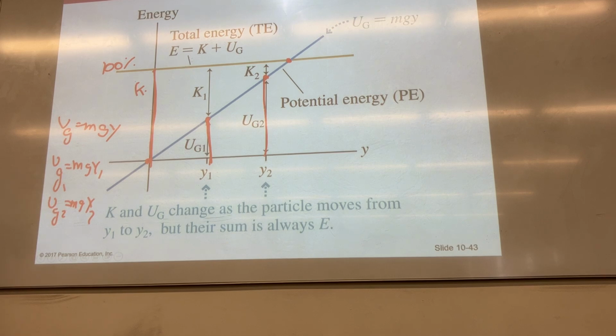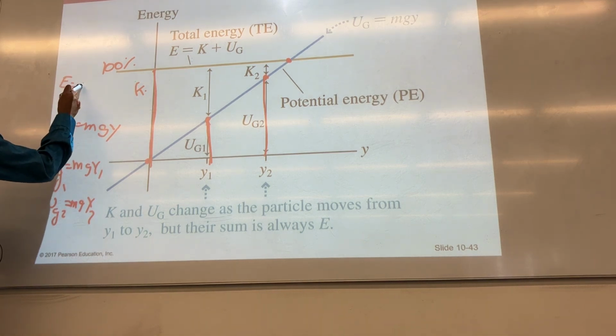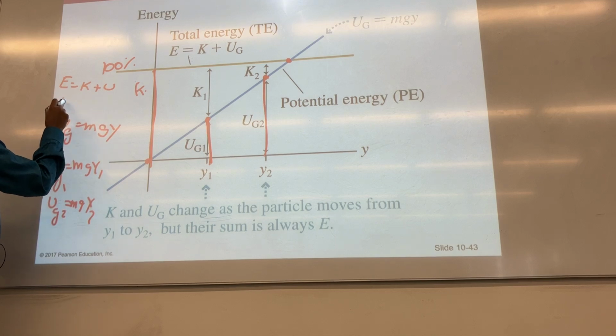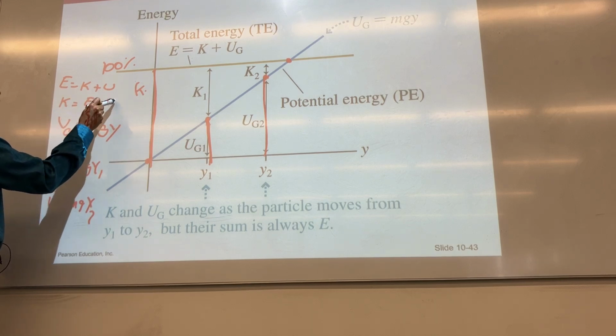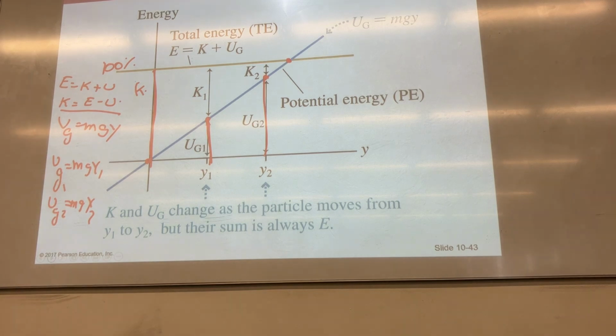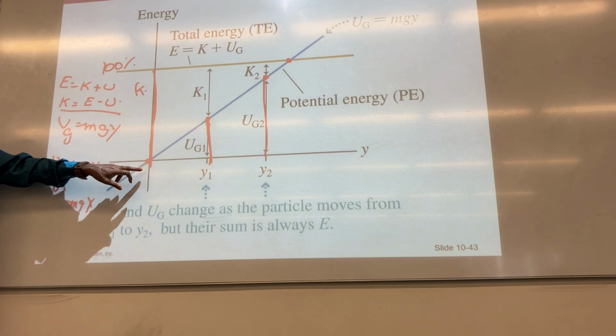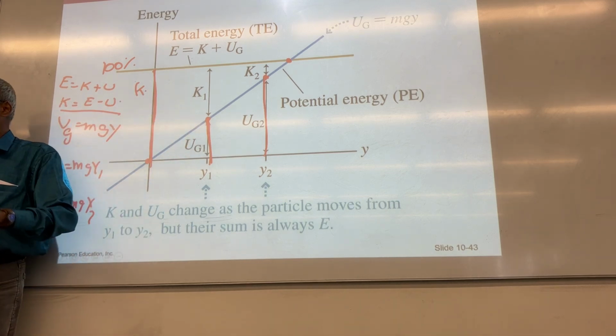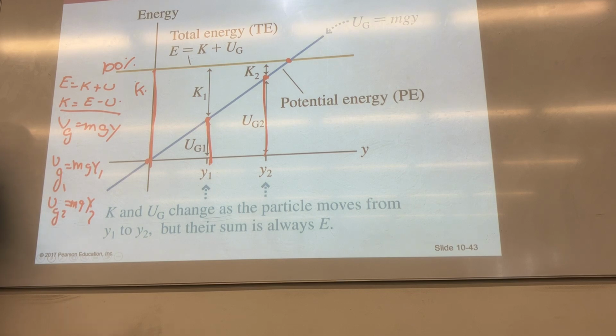Kinetic energy is based on the difference, because E is K plus U, so K is E minus U. If you know my U, I can get K as 100 minus U, because of energy conservation. So this blue line is the potential energy, and it shows how it changes when I throw an object from one height to another height.